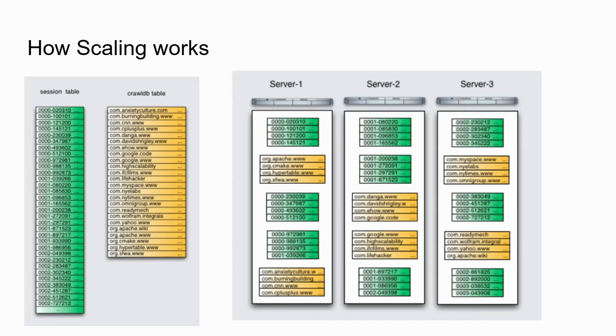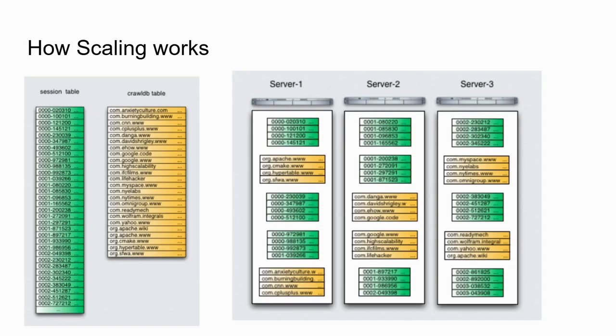Hypertable will break these tables into ranges and distribute them to what are known as range server processes. These processes manage the ranges of table data and run on all slave server machines in the cluster. So for example, if you are running three slave servers, you can see what the diagram is representing. That is what the system will look like over time.